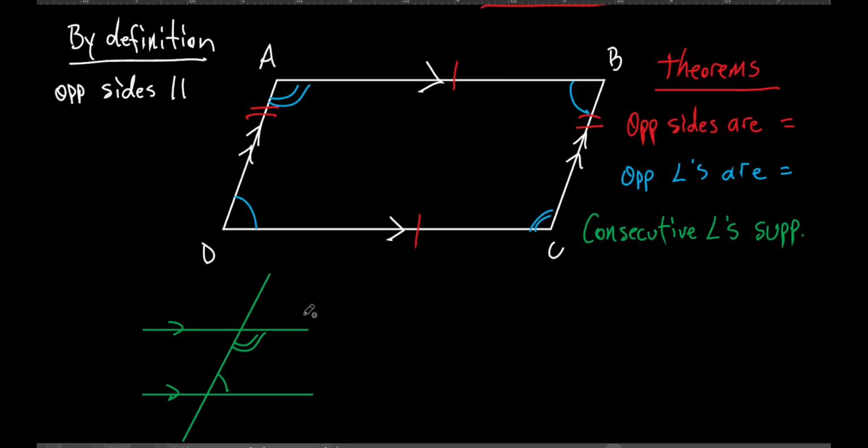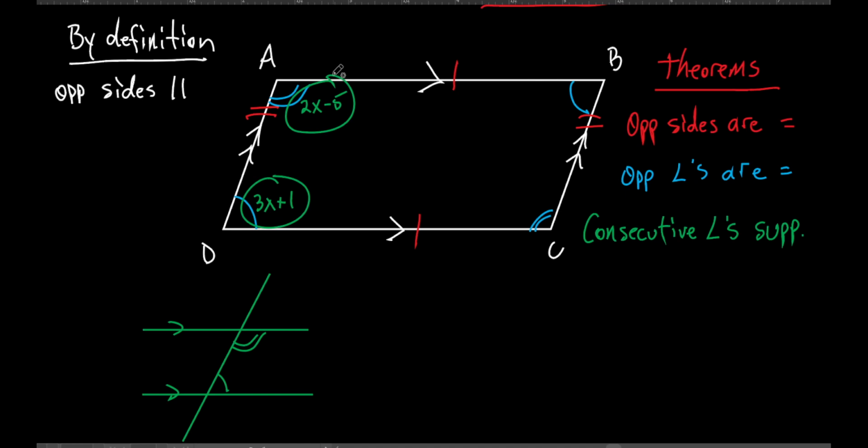Everybody got that? So, I mean, look, I could have said that this was like 3x plus 1, and this was 2x minus 5. I don't know if this works out. Don't do the math on this. Don't even write those down. But how could you solve for x, and how could you find those angles? What would you do to this one and this one? Would you set them equal to each other? No, you would do what to them?